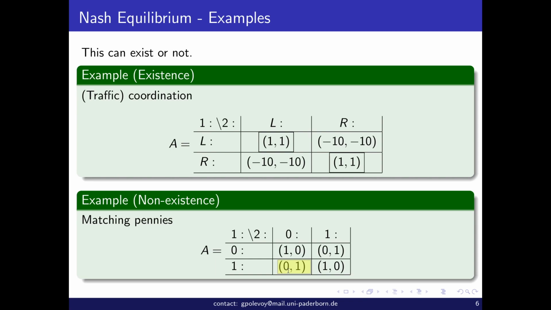Now the row player can deviate and get 1 instead of 0. And now the column player again can deviate and get 1. And here we already said that the row player has a beneficial deviation. So there is no Nash equilibrium here.